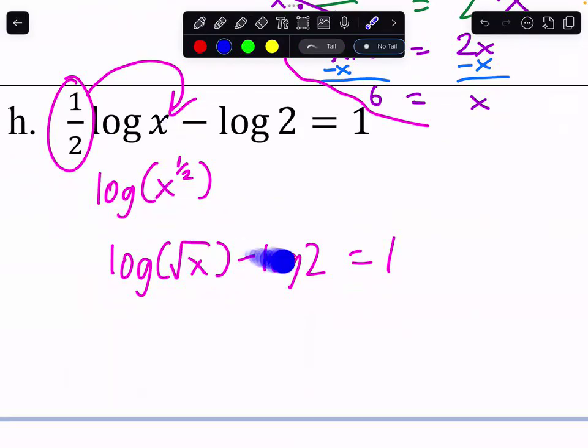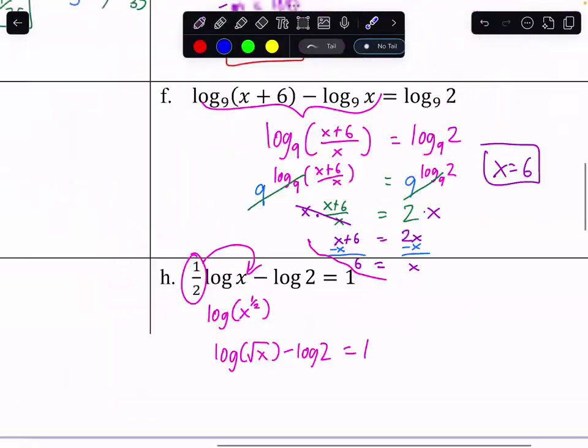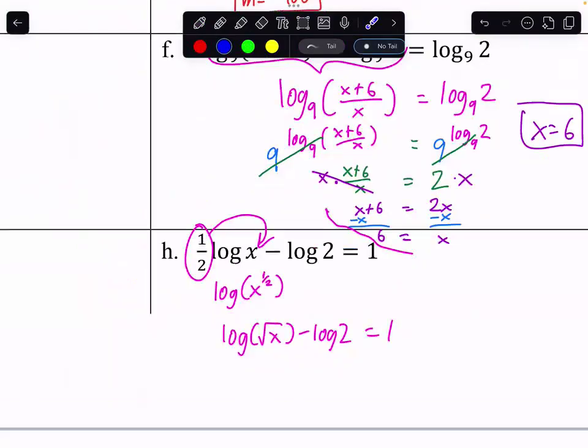Okay, so again, I did this first part for you because this is our first time dealing with this situation. But from here, it's going to be very similar to question F above. So why don't you see if you can finish the problem from this step.